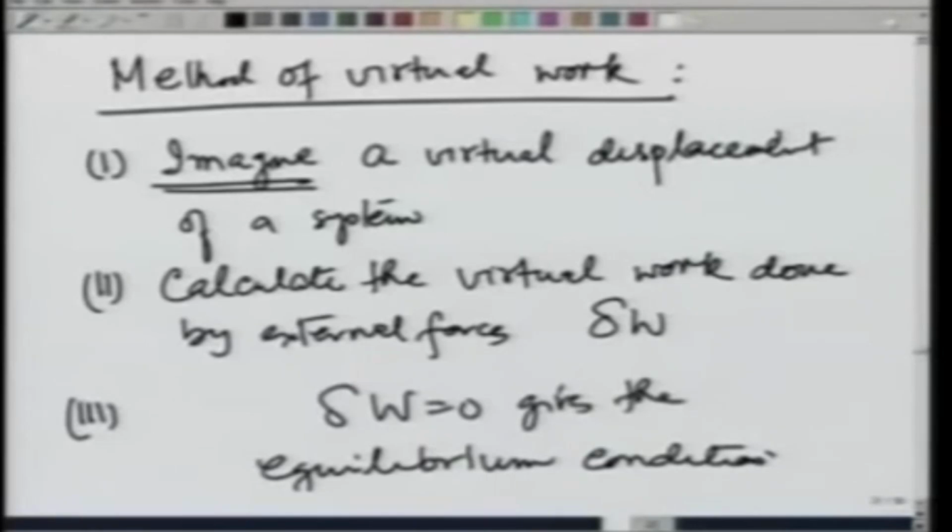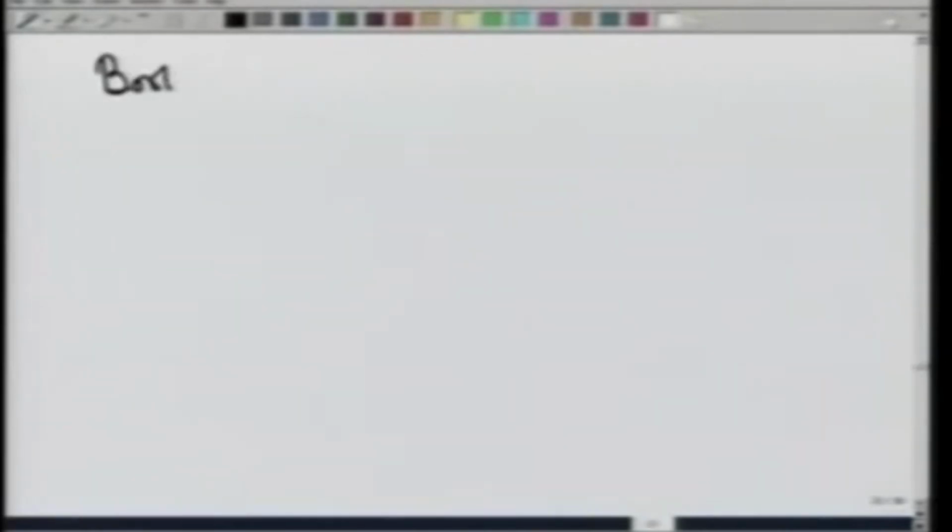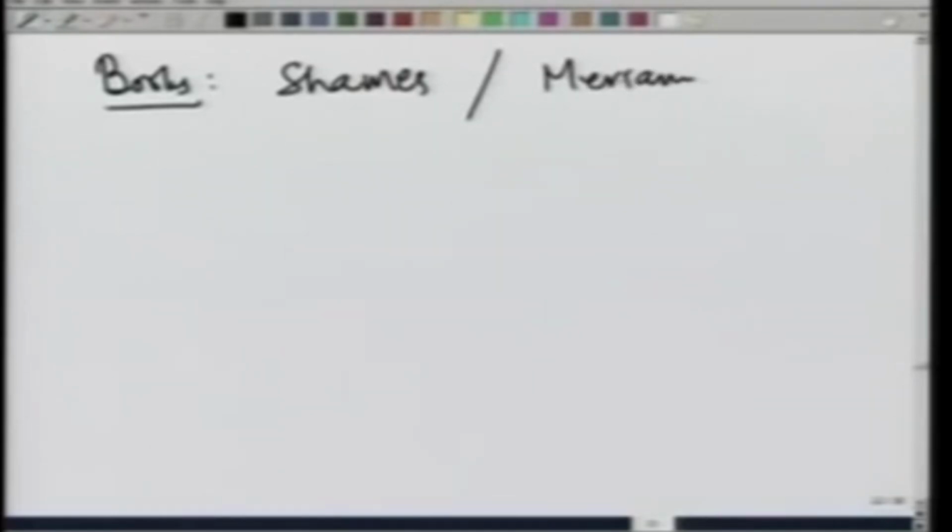These examples are from the book by Shames on engineering mechanics and the book by Meriam on statics.